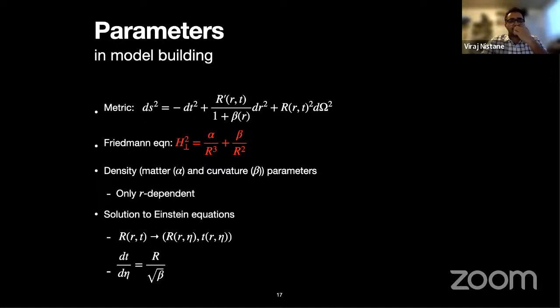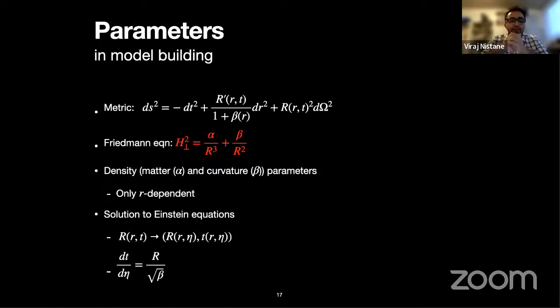An important difference to be noted here between the homogeneous and the inhomogeneous models of the universe is that all the functions and the parameters in the inhomogeneous universe depend on R. R, again, is the co-moving coordinate. Now, as I said, it's an exact solution to Einstein's field equation.